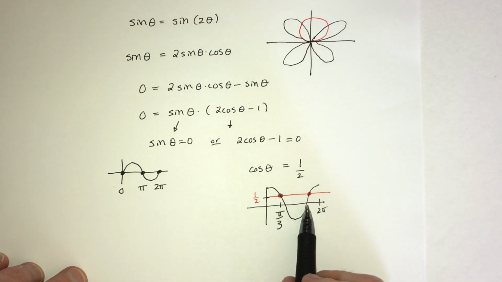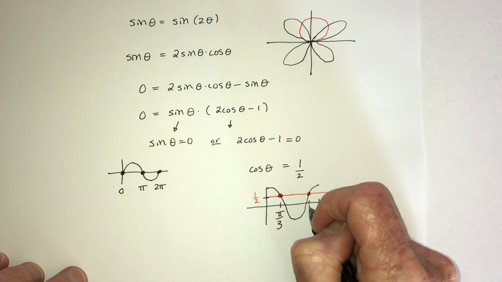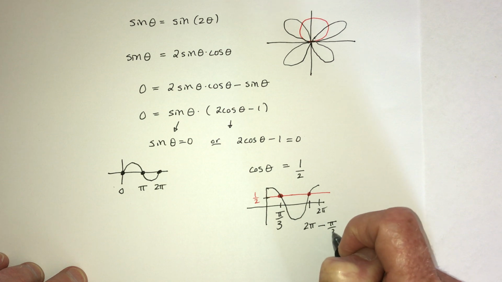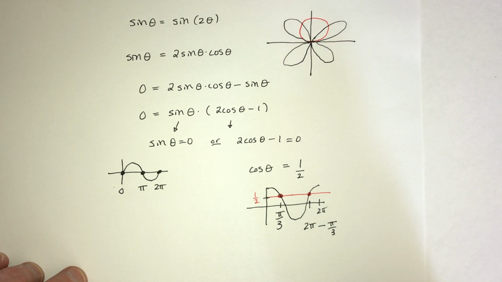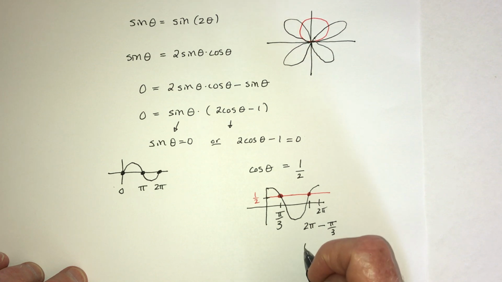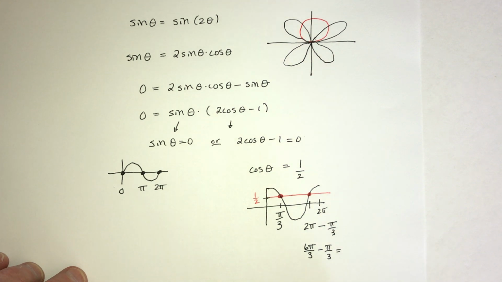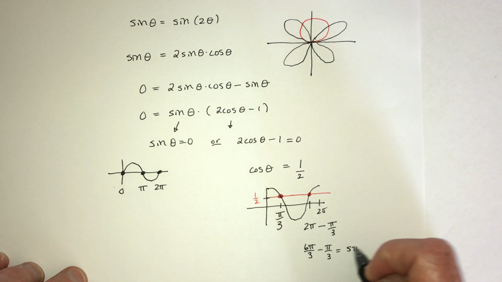This one is to the left of 2 pi, so this one is going to be 2 pi, move to the left by subtracting pi over 3. So this, you could change it to 6 pi over 3 to get a common denominator, and so that would be 5 pi over 3.